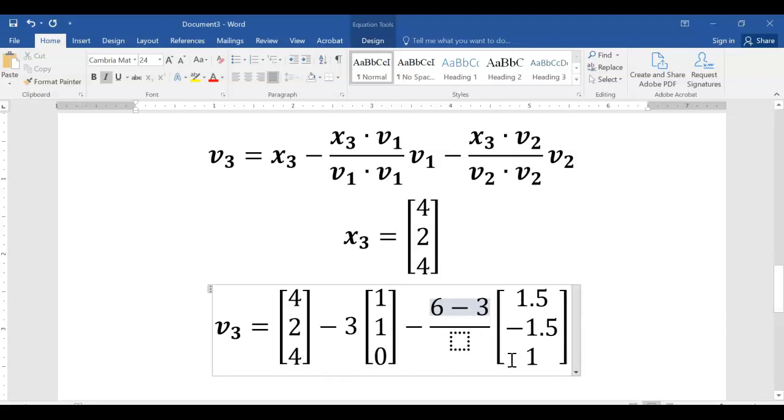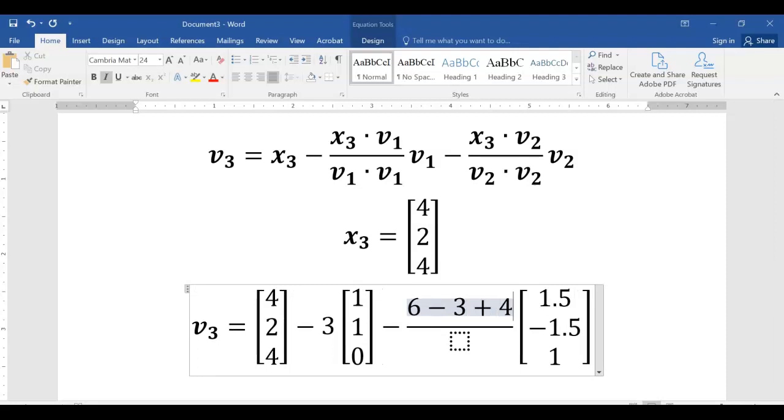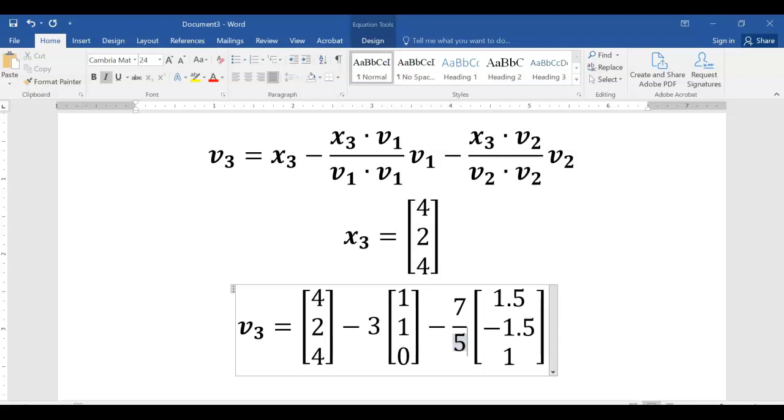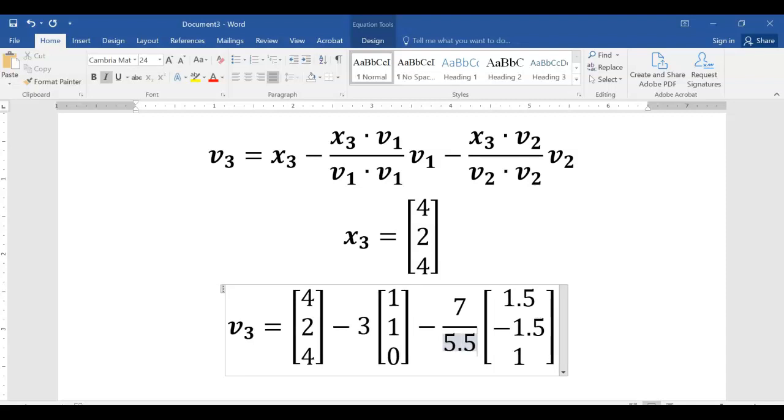And then 4 times 1 is 4, which gives you a 7. 6 minus 3 plus 4 gives you 7. Whoops, did I say 7? I wrote 6. Yeah, 7 over 1.5 times itself plus negative 1.5 times itself plus 1 times itself. That gives me a 5.5 there in the denominator. So there you go. That's what V3 will be.